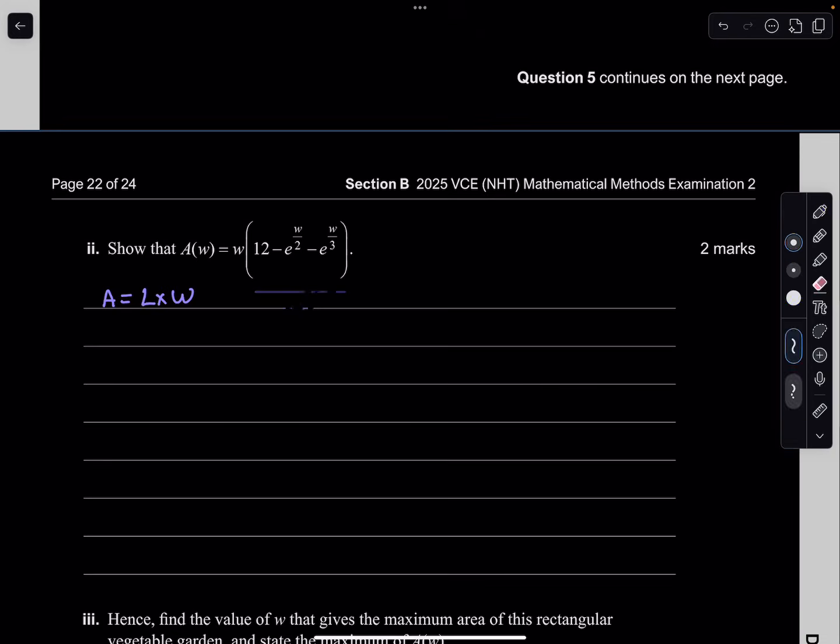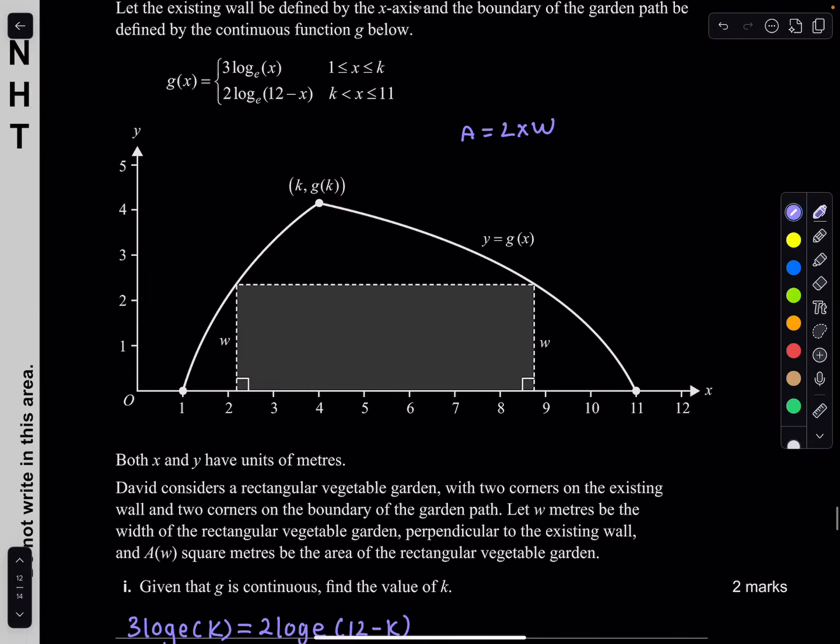Now, how do we find the length of this over here? It's really easy because we have these 2 points here. Can you see these 2 points? Let's call the x value here x1, and let's call this x value over here x2.